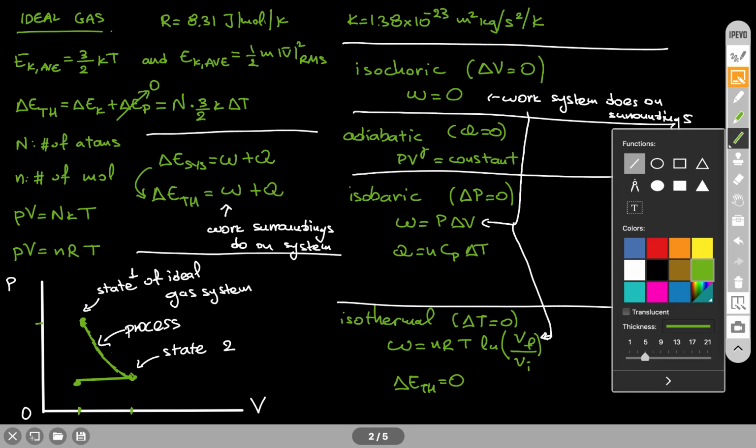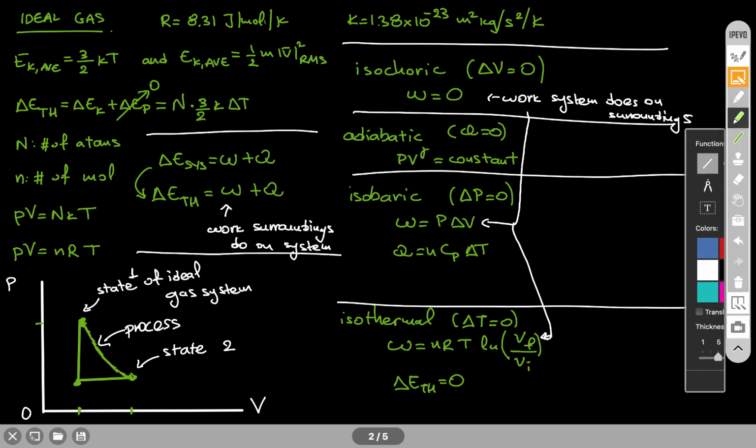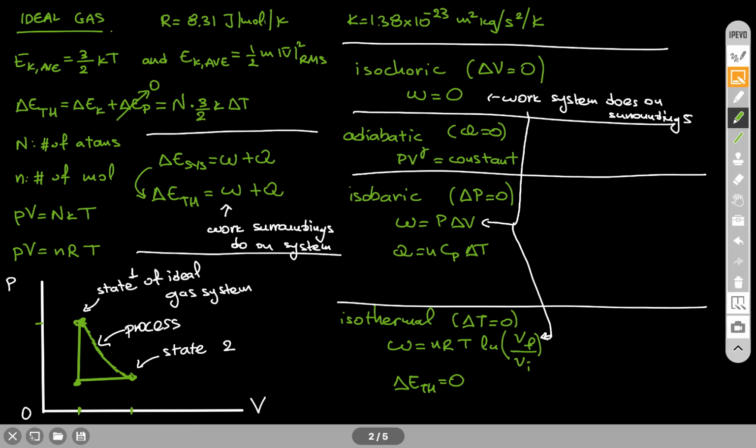So I'm adding one state, state 3. I'm adding one process, the process with which the gas goes from state 2 to state 3, and one more process, with which the gas goes from state 3 to state 1. So let's mark this. Okay, this is state 1, this here is state 2, this here is state 3.